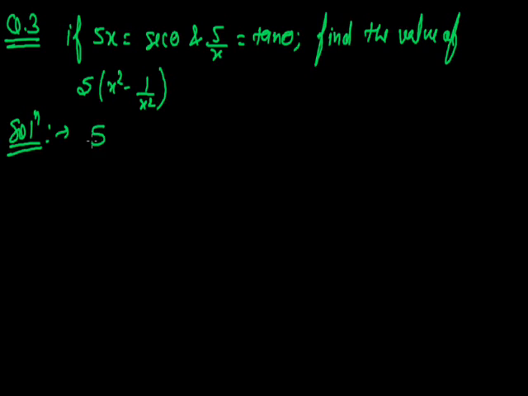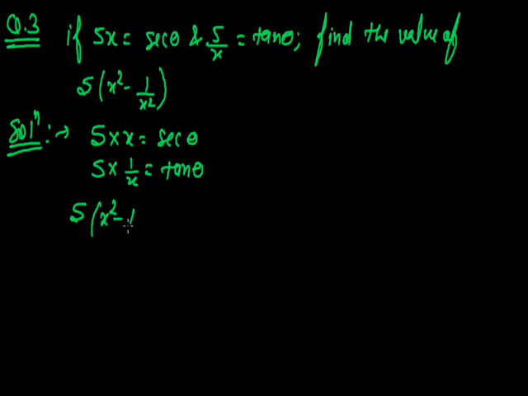We have given that 5 into x is equal to sec theta and 5 into 1 upon x is equal to tan theta. Here we have to find the value of 5 into x square minus 1 upon x square, that may be written as 5 into x plus 1 upon x into x minus 1 upon x, as we know that the value of a square minus b square is given by a plus b into a minus b.